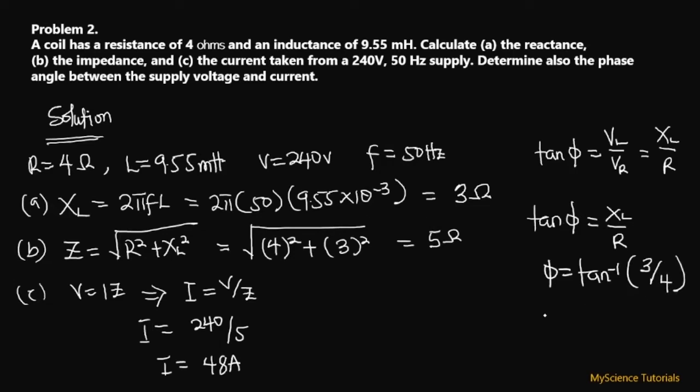So our phase angle is going to be tan inverse of 3 on 4, that is going to give us 36.87 degrees. So this is our phase angle for this particular problem. Now let's have a look at one final example.